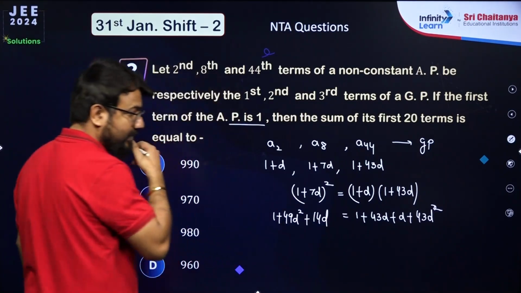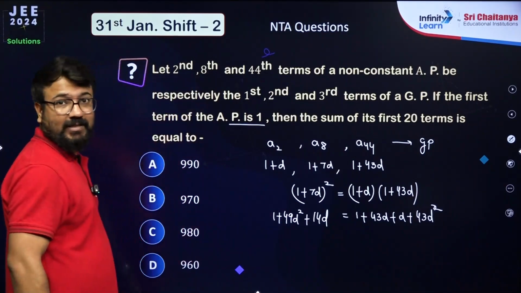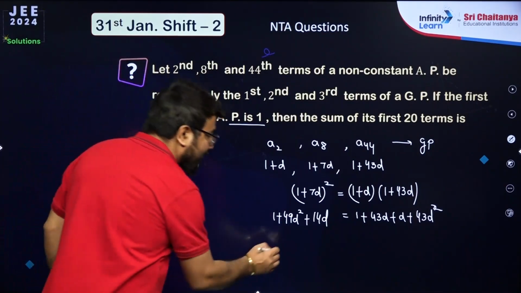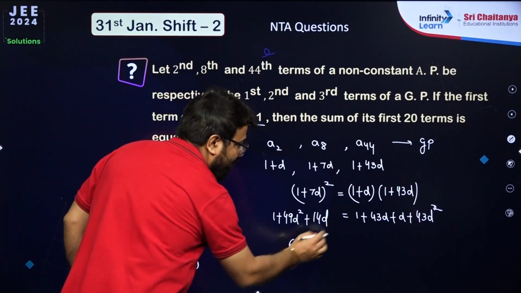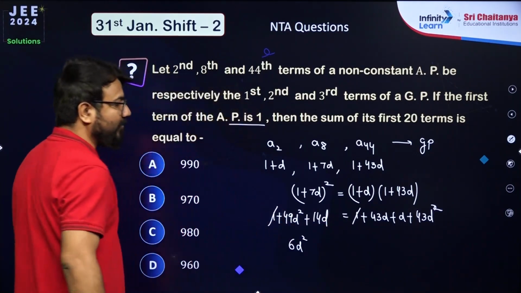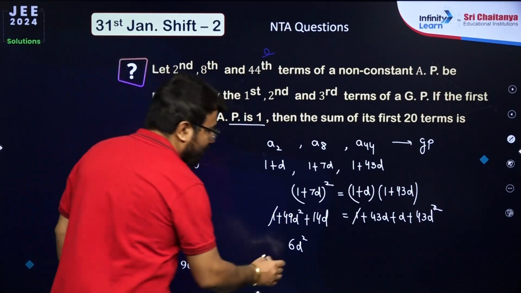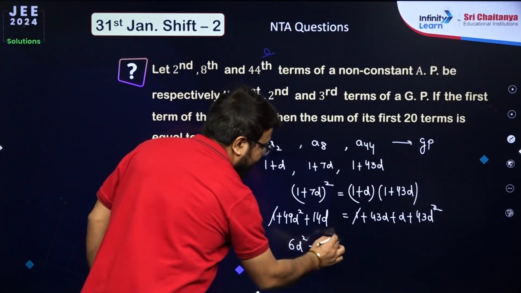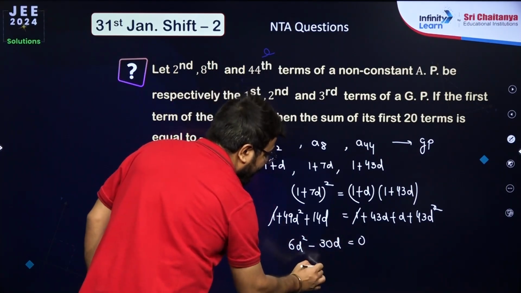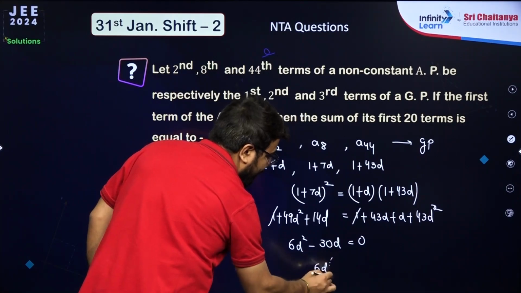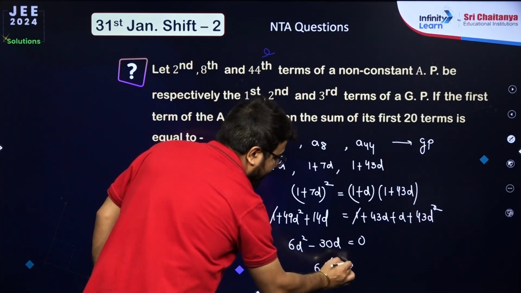I hope you understood this. So 49D square and 43D square, so that will become 6D square. I'm bringing all the terms to one side. This will also get cancelled. 14D and 44D, so that will become 30D. If I take 6D common, I'll be left with D minus 5.